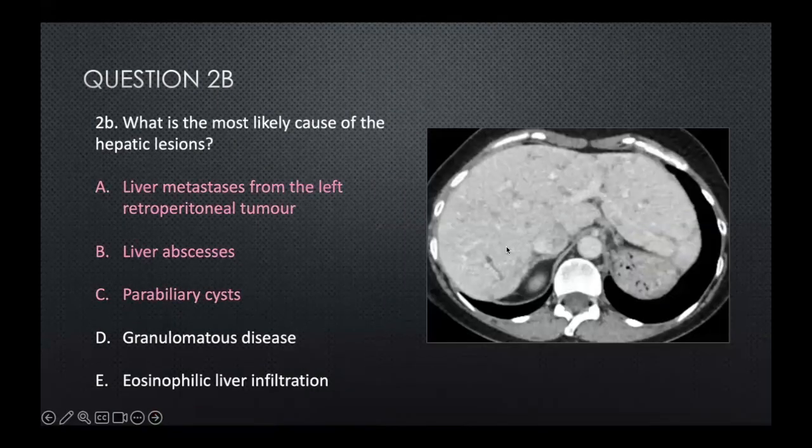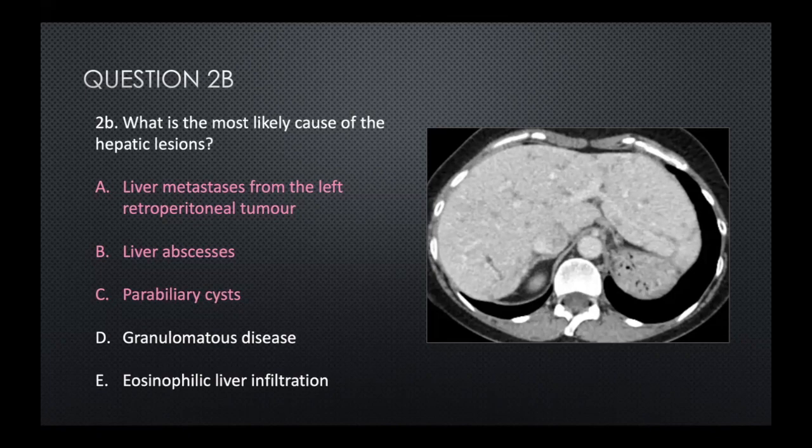These lesions are really quite small, irregular, and multiple. I guess it could be metastases, but with the systemic findings that we're seeing, particularly in the lung and those sclerotic lesions, they make it less likely.